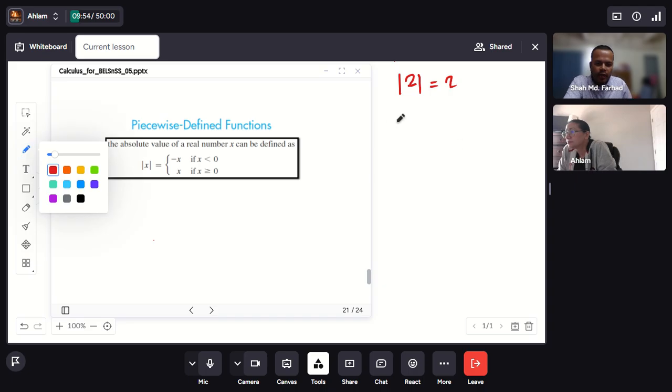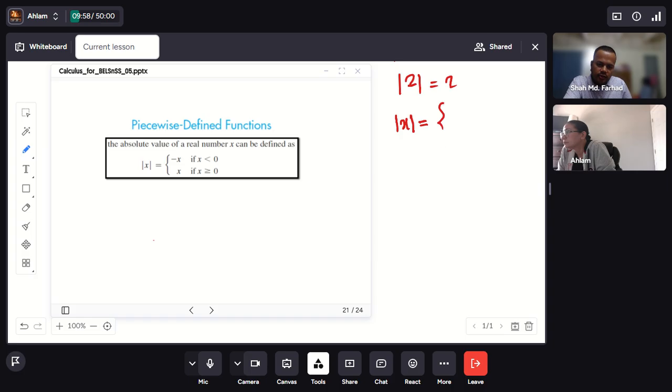We can write modulus x as negative x when the value of x is negative, less than 0. But we can write it as x when the value of x is greater than or equal to 0. That is the definition of the absolute value of a real number x.